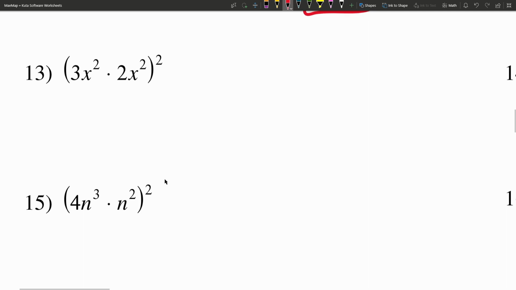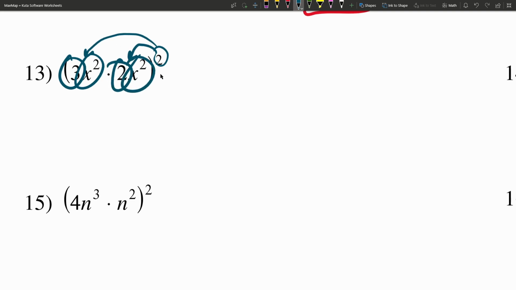Moving right along to 13, remember we're going to need to distribute this exponent to all of our terms. So we would need to distribute it to the 3x squared, and we need to distribute it to the 2x squared. When we distribute it to the 3x squared, we need to distribute to the 3 and the x squared. And when we distribute to the 2x squared, we need to distribute to the 2 and the x squared.